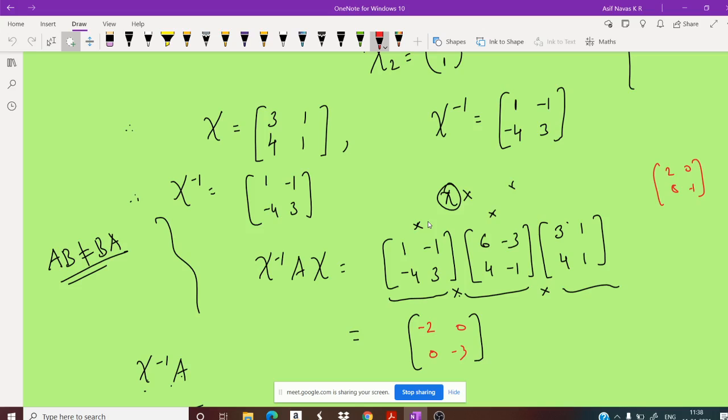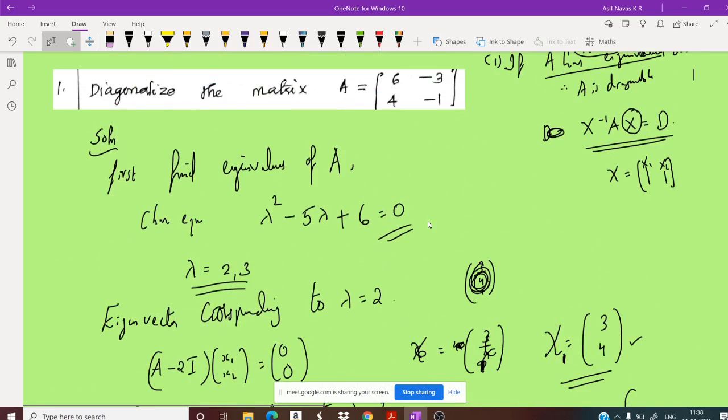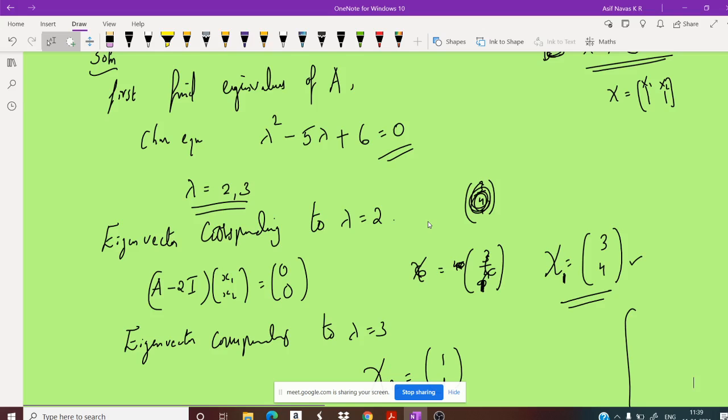Yes, sir. -200 -3. 0 minus -3. And what are the eigenvalues? Sir, is the inverse correct? Inverse corrected.